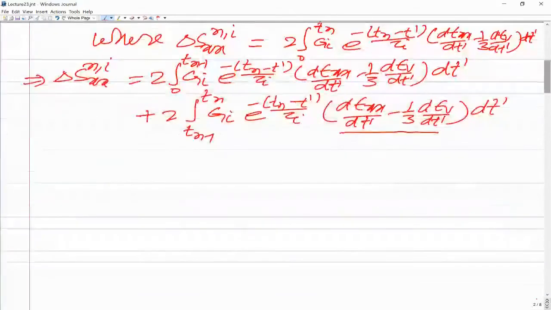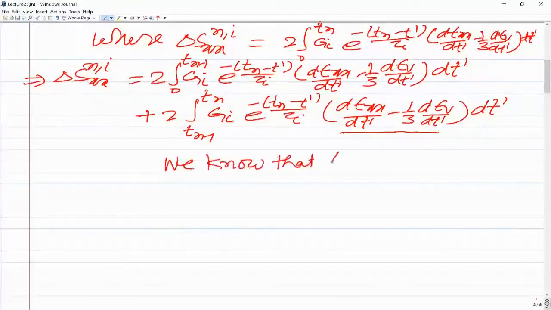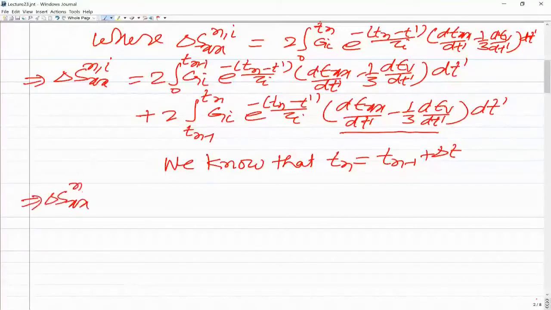So we know that tn is equal to tn minus 1 plus delta t. So if you do that, as far as this term is concerned, you can say that delta s xx n comma I can be written as twice the integration 0 to tn minus 1, and now tn we are writing as tn minus 1 plus delta t.